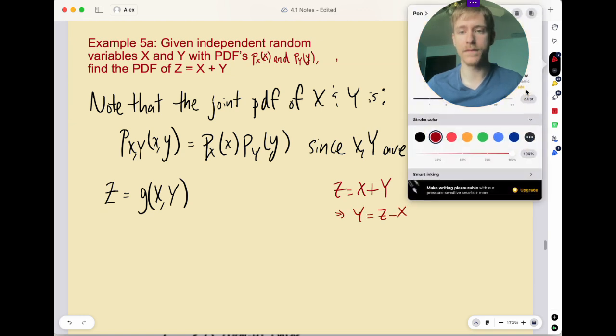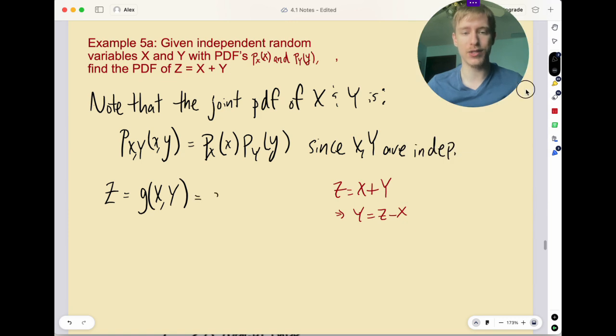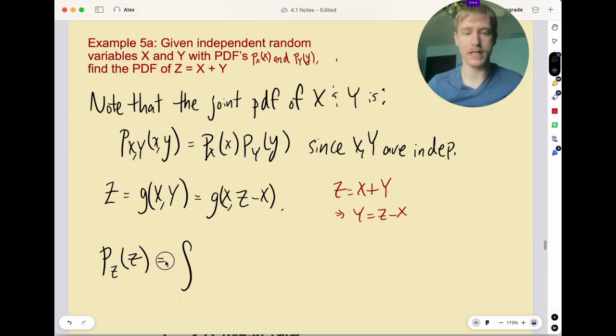Okay, so this function of x and y can actually just be written as a function of x and z minus x. Okay, so what's the PDF going to look like now? Well, remember that the PDF is going to look something like this, where we're going to integrate over all z of p_x(x) and p_y(y), right?